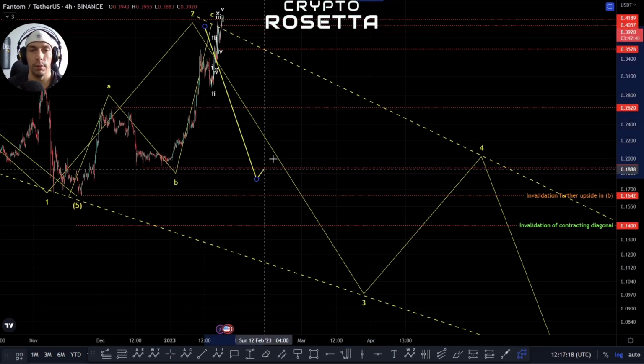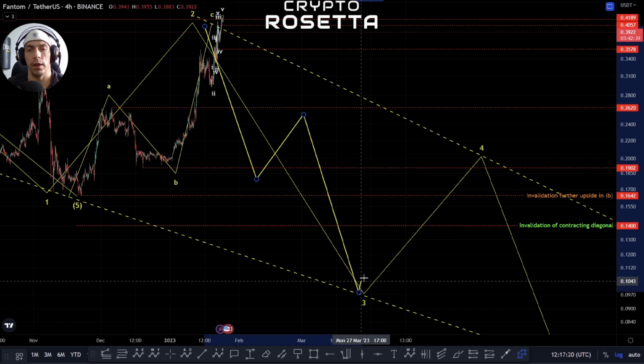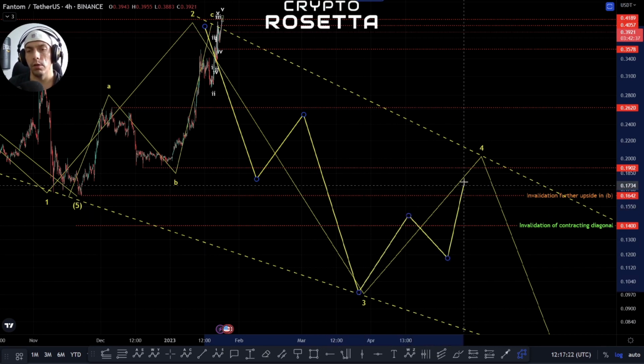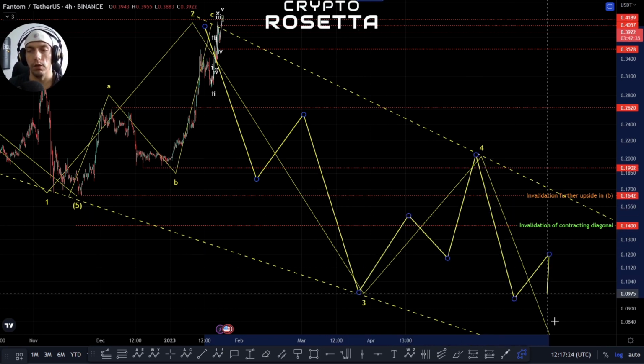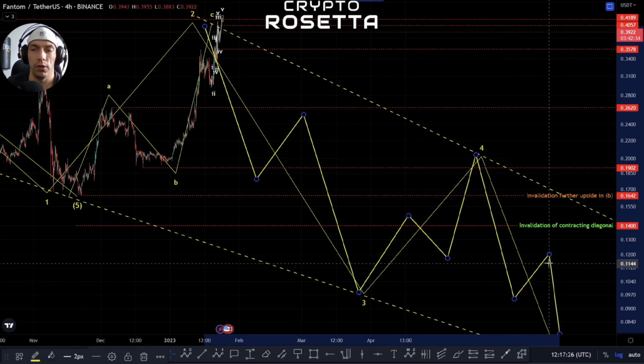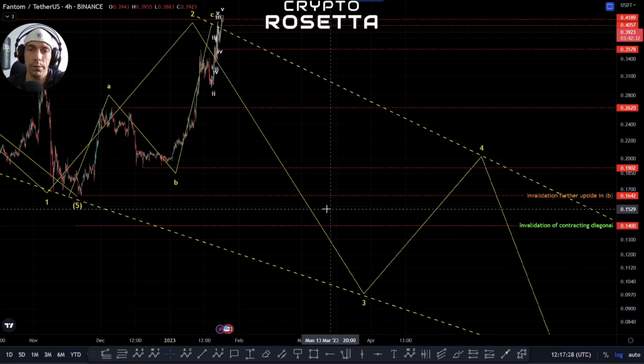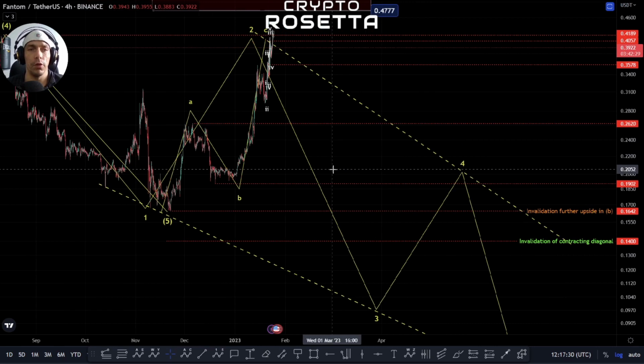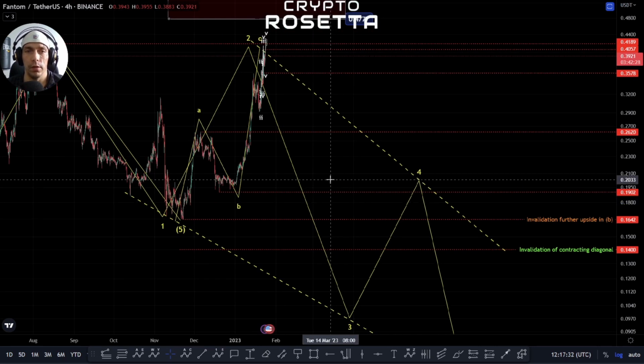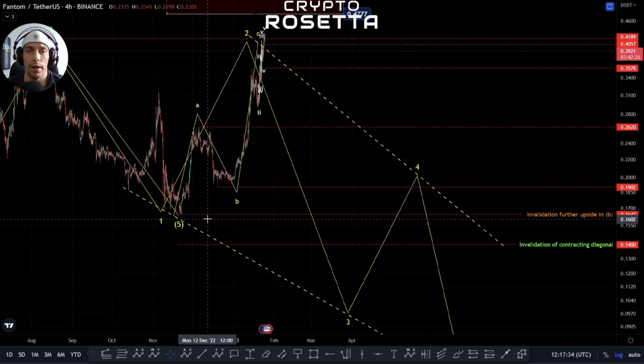So that would be looking at something like this as a zigzag again to the downside, having a corrective structure up, and then looking to break these lows and actually push much deeper if this is the case.